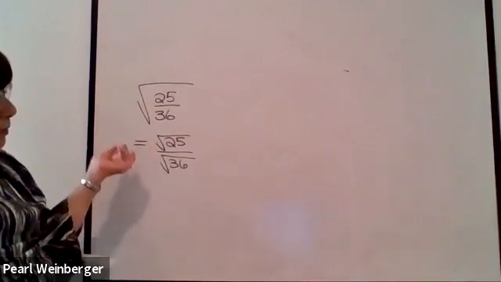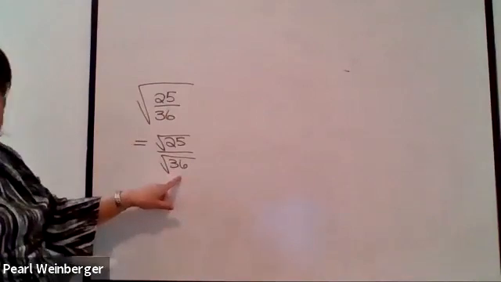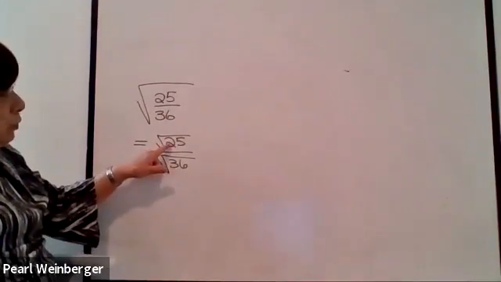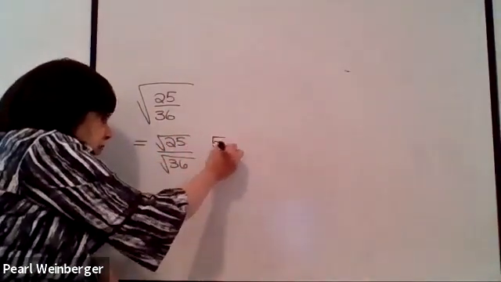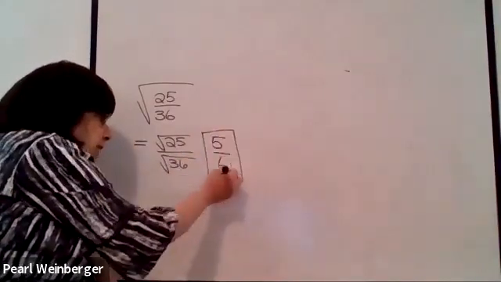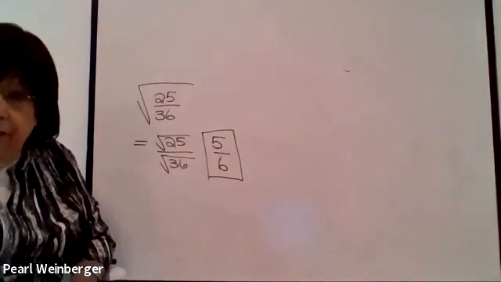Okay, this one happens to be relatively easy because both this 25 and the 36 are perfect squares. So the square root of 25 is 5, and the square root of 36 is 6, and my answer came out to be 5 over 6. So that's step number 1.